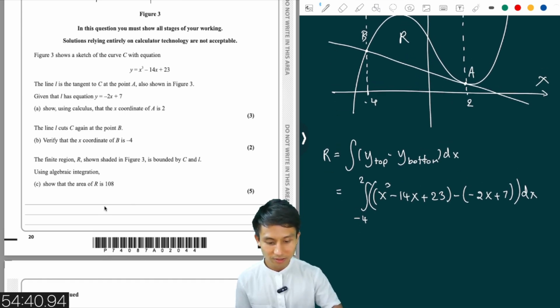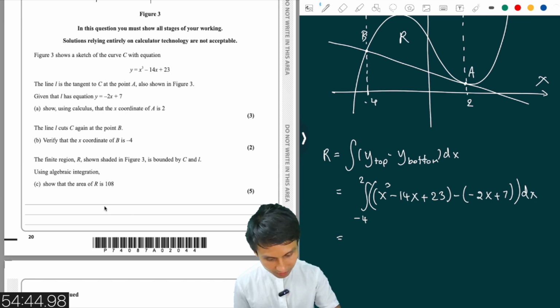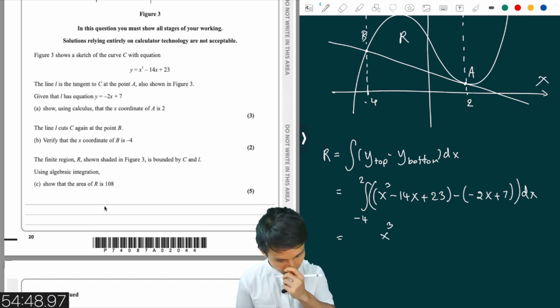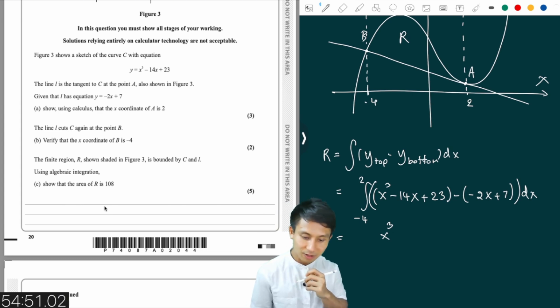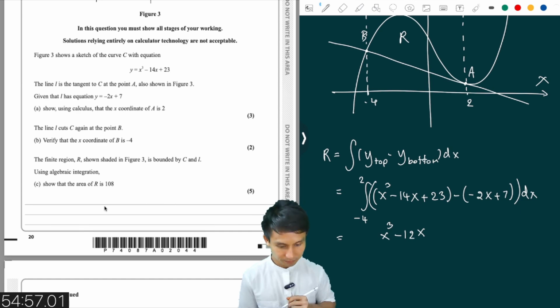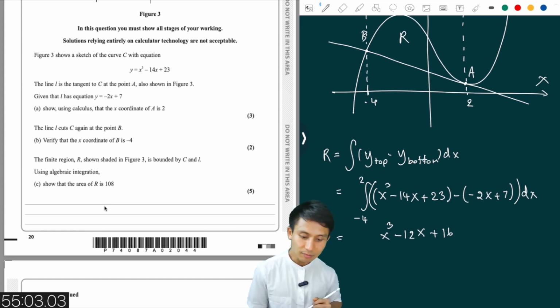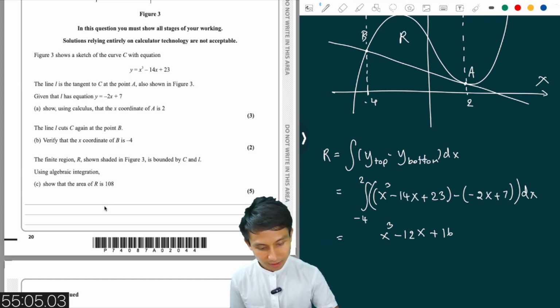Let's do the math here. Okay, so I'm just going to simplify everything first. So that's x cubed minus 14x plus 2x will be minus 12x, right? There's no x squared here. And then 23 minus 7 would be plus 16. Yeah, I'm happy with that.